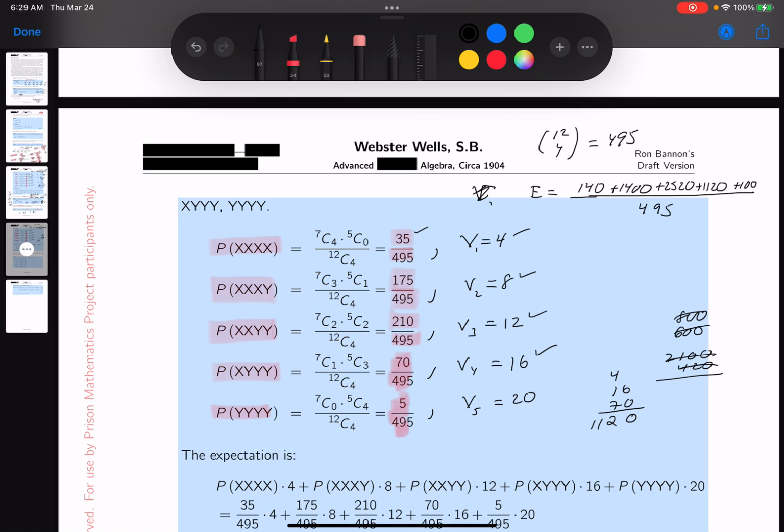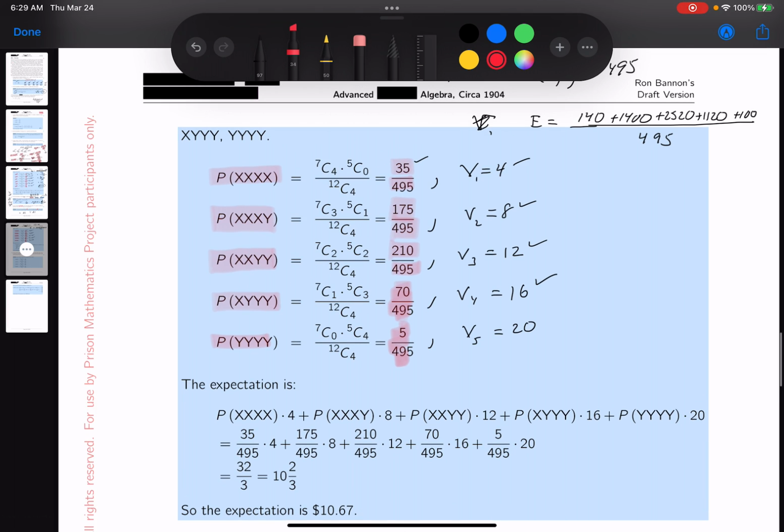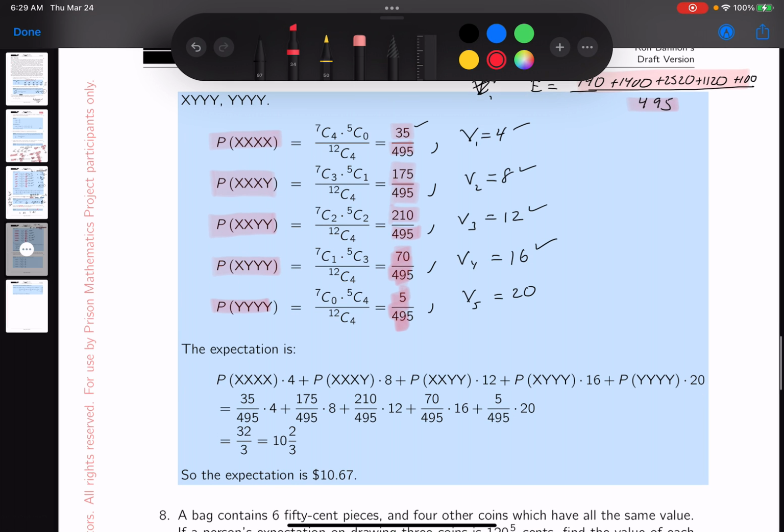All right, let me get my eraser out. And I think I want to do the arithmetic. You know what? I'll leave it as an exercise. This is the arithmetic. I do have it written over here. I'm hoping when the dust settles, you get this, and 10 2/3.